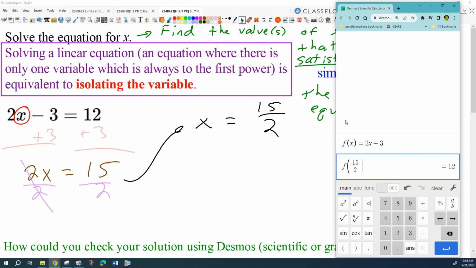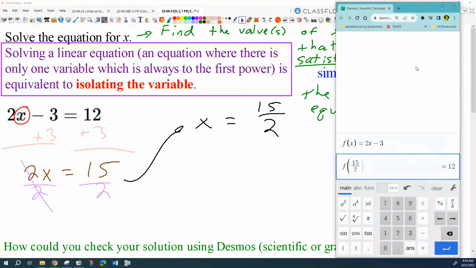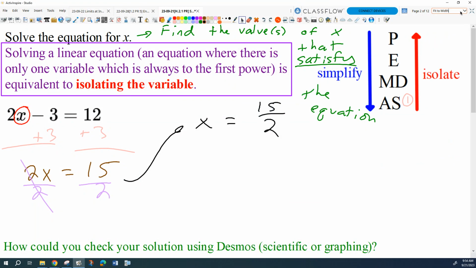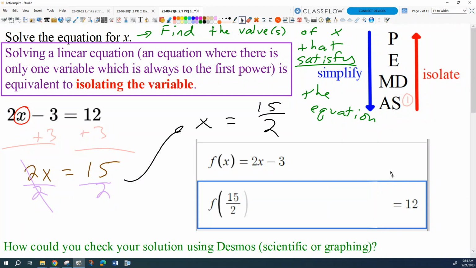So let me just take a picture of that for our notes. Okay, so we can just put a big check there and call her good. Questions? Does that all make sense? Okay.